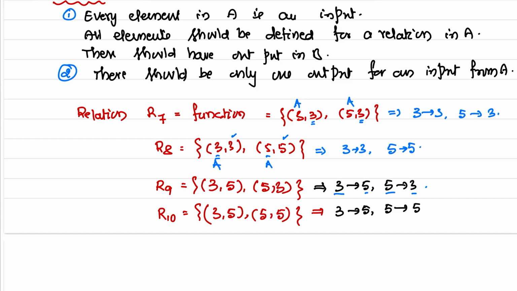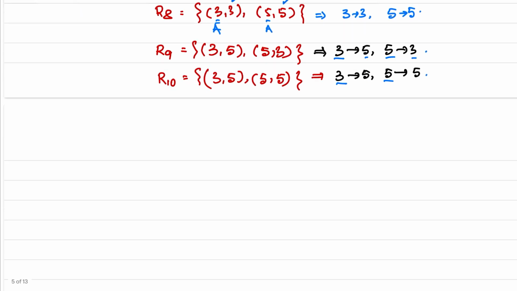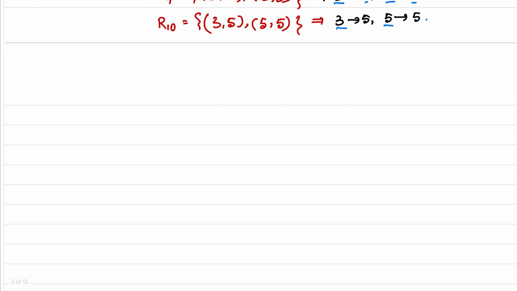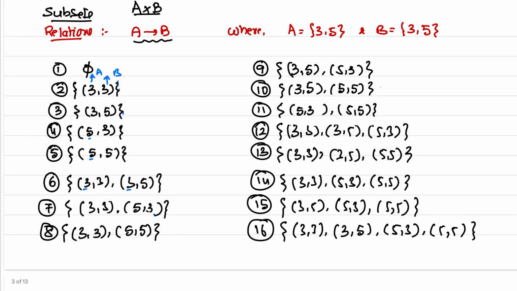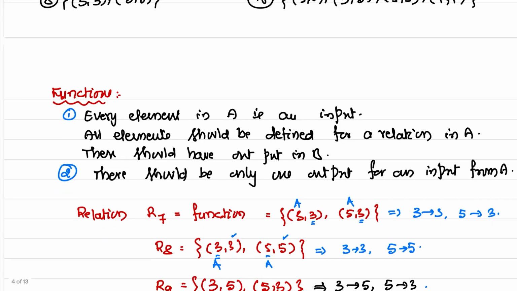That means 3 and 5 both have some output in B. The output can be the same, no problem. But a single element in A should not have two outputs. This is also a function. Now, let us go for R11. What is R11? 5, 3, 5, 5.